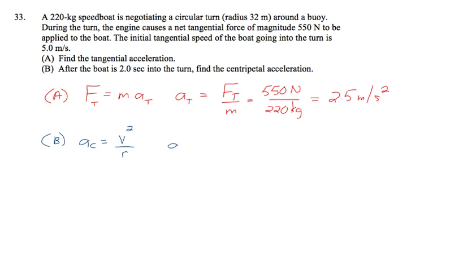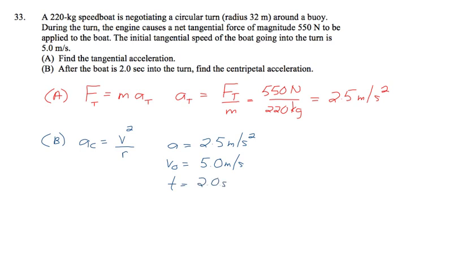So my a is going to equal 2.5 meters per second squared. I don't really have to write the direction because I'm not dealing with another direction. The tangential acceleration is the acceleration that's causing it to speed up or slow down. The original velocity is given as 5 meters per second, and the time is given as 2 seconds.